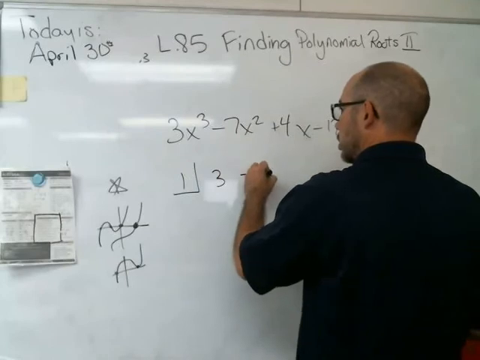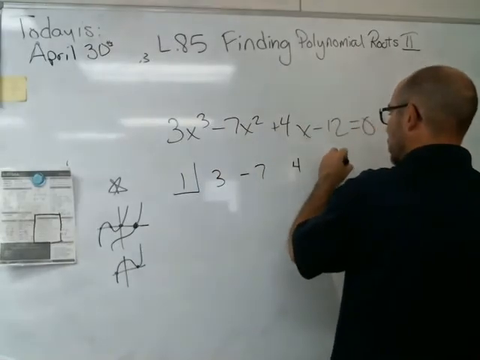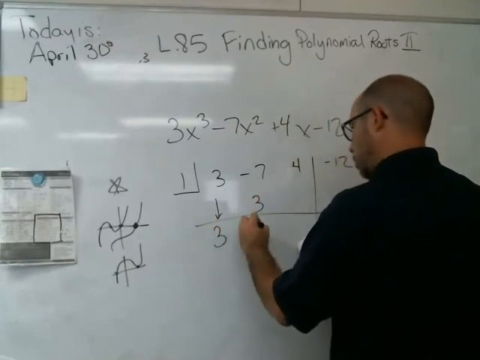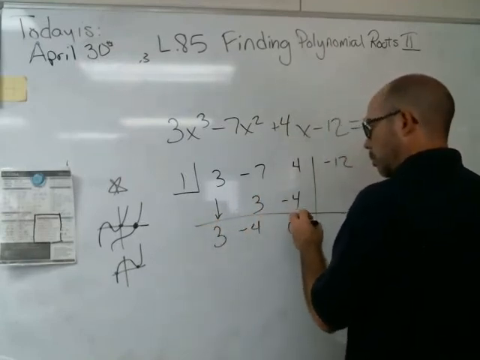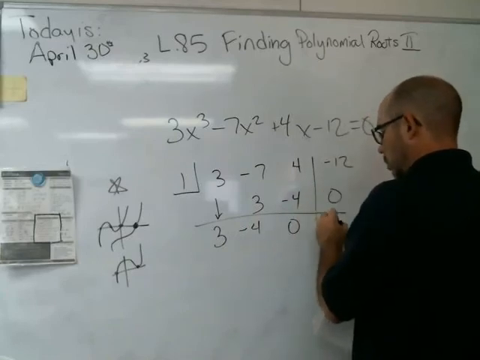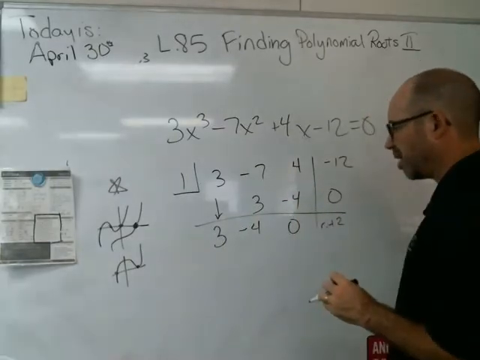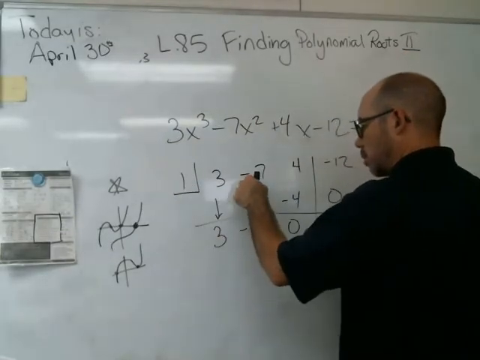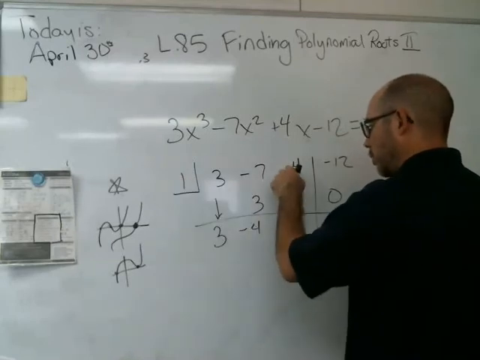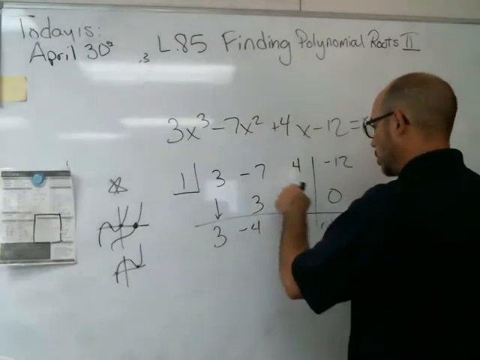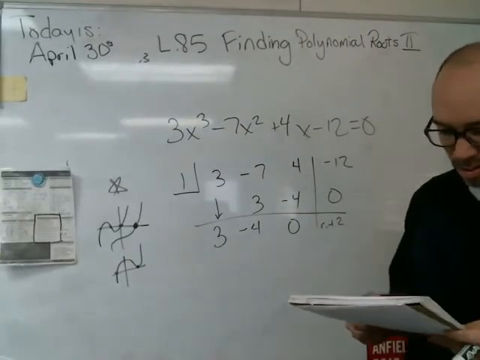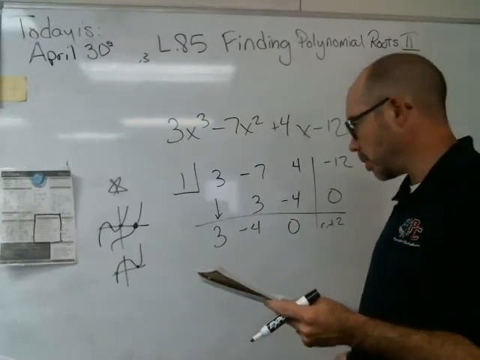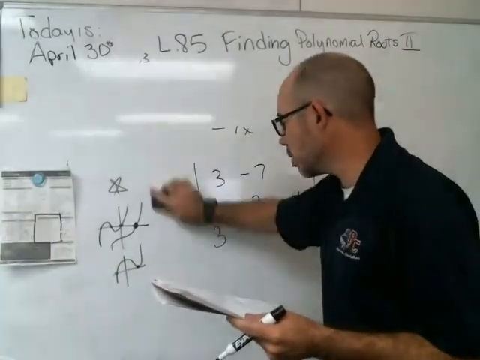Then see what else is left by doing some synthetic division. 3, -4, -4 times 1 is 4, 4, -4, 0, 0, 0. Yeah, so you're like, oh, yuck. That wasn't too great. Okay, so maybe that wasn't a good idea. I just wasted like 3 minutes of your time.